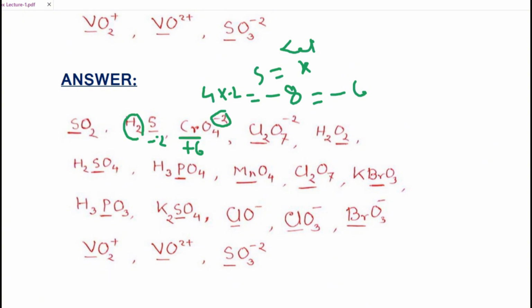Here chlorine 7 to the 14, if you subtract to 12, 2 chlorine 12, 1 chlorine will be plus 6. Now H2O2, 2 hydrogen plus 2, so 2 oxygen will be minus 2, 1 oxygen will be minus 1.